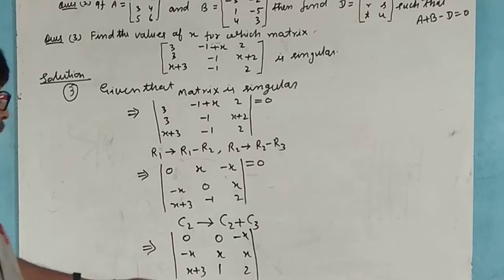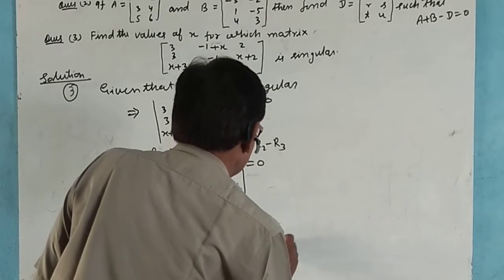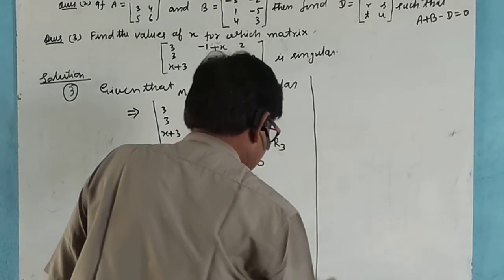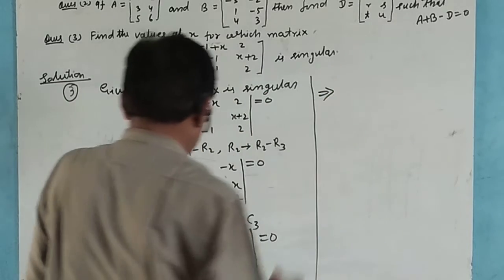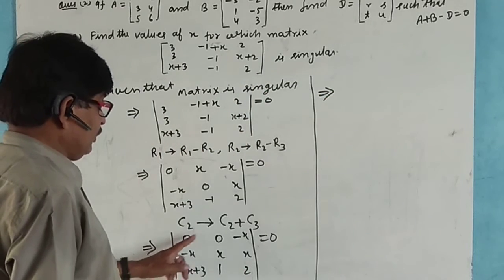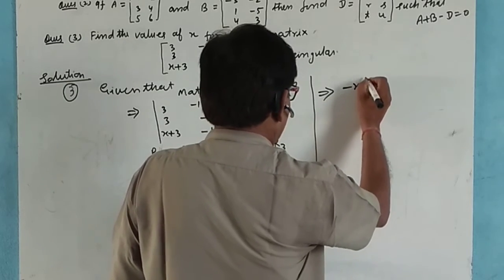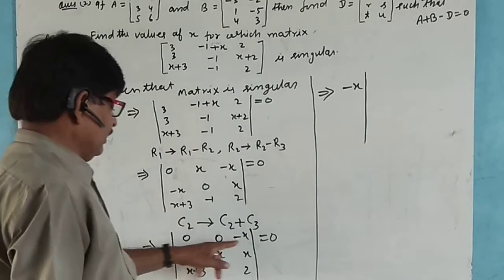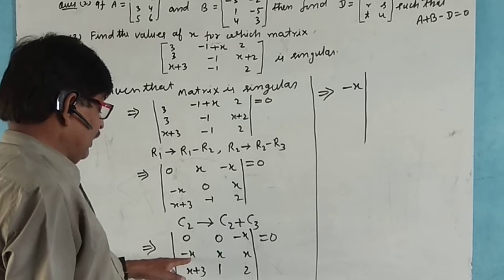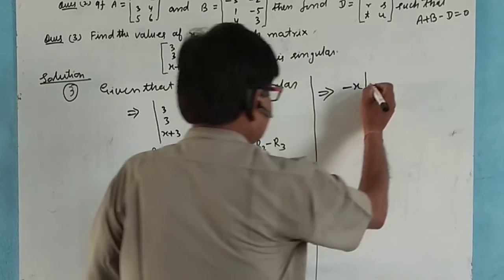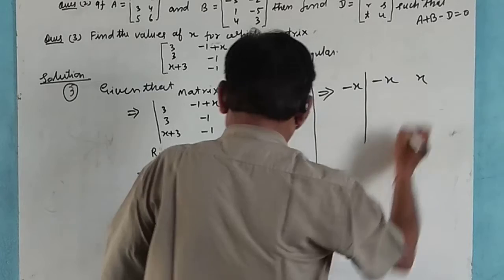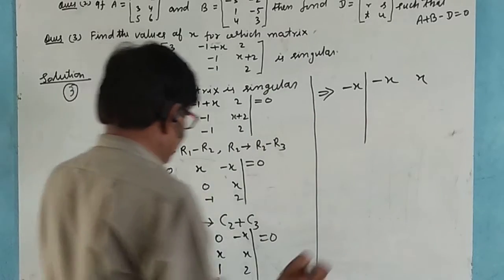Now expanding this is equal to 0. Here the signs are plus minus plus, it means that this is a minus x. Deleting this row and column, minus x plus 3 and 1.